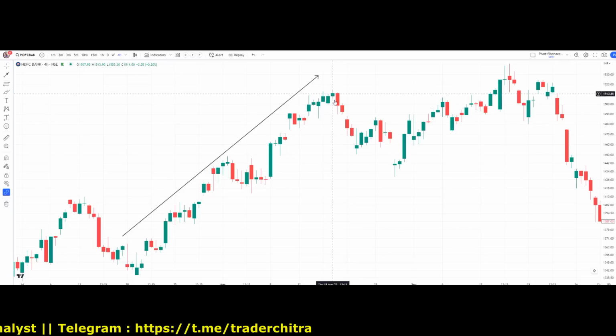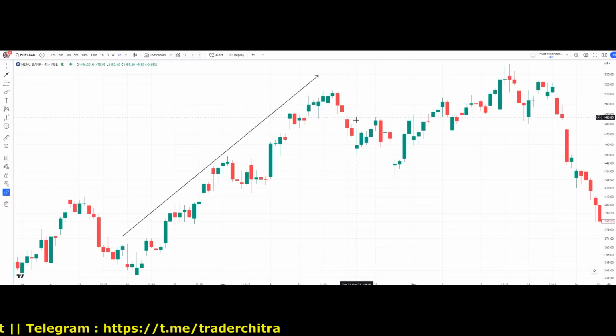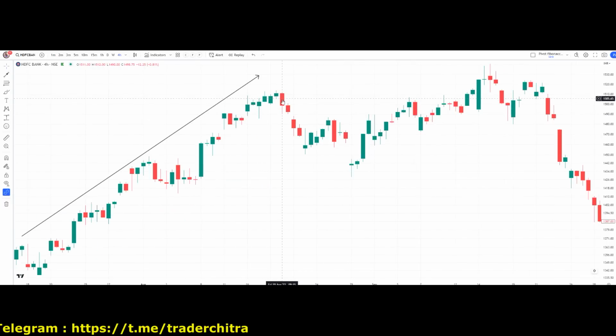So when we see this spinning top candle, and the next is a red candle, also this candle's close is below the green candle. The low of this red candle is below the low of the green candle, and the high of this green candle is also not taken away.